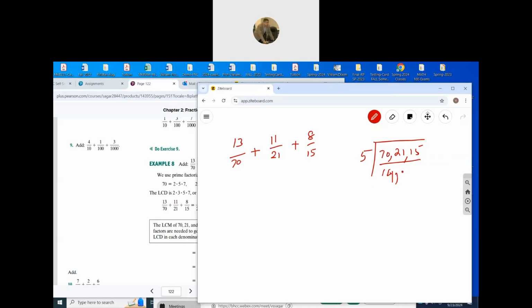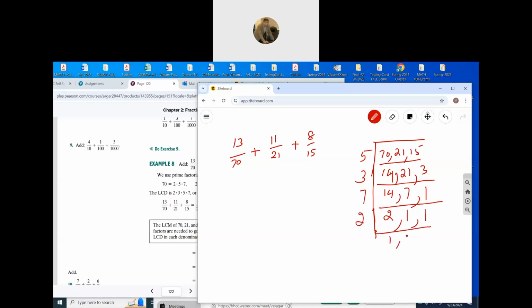So 21 I cannot divide, right? So bring down 21. 15 I can do with 3 here. Next one I could do with the 3, right? 14 I cannot divide, so bring down 14. We could do it next time. 21 divided by 3 is 7. 3, we hit the base. 3 divided by 3 is 1. Next I'm going to do with 7, so this is a 2 and this is going to be 1. This is already base 1. Next is 2.